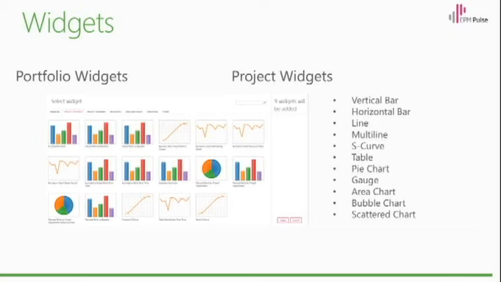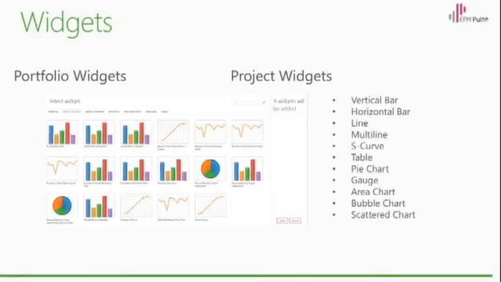We support vertical bar, horizontal bar, line charts, multi-line charts, S-curve, table charts, pie charts, gauge, area charts, bubble chart, and scatter charts. FluentPro is constantly working on adding new types of widgets that companies can use, and we'll have more types of data visualization coming in the next version.